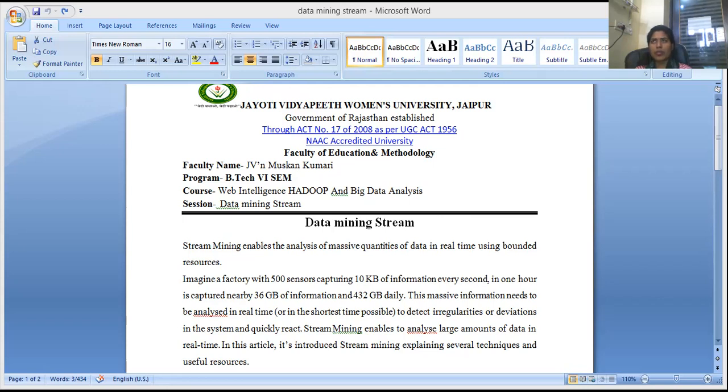If we talk more about the mining techniques, we can say there exists a huge range of algorithms like the classification algorithm, which we will discuss later, the regression algorithm, and outlier detection algorithms for working with stream mining. These are the algorithms which work with data stream mining, meaning a stream of data.